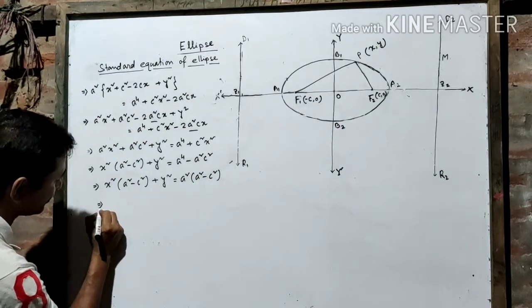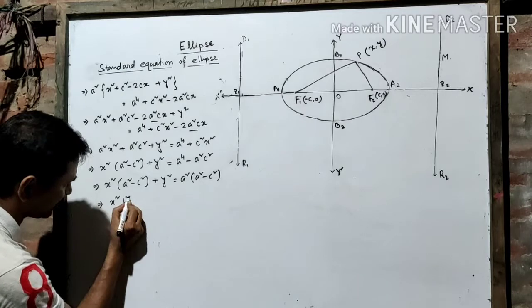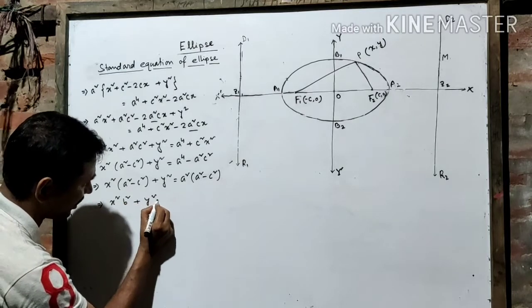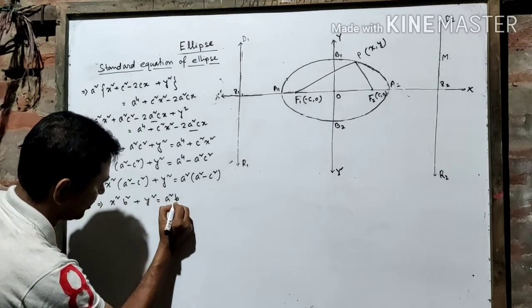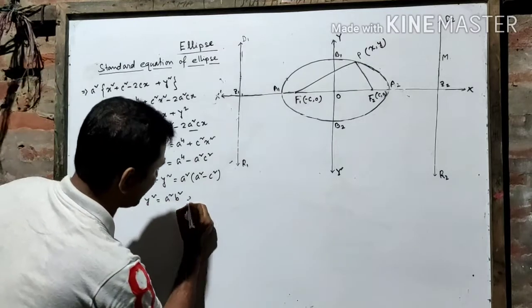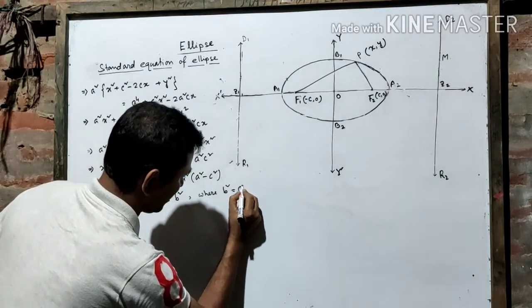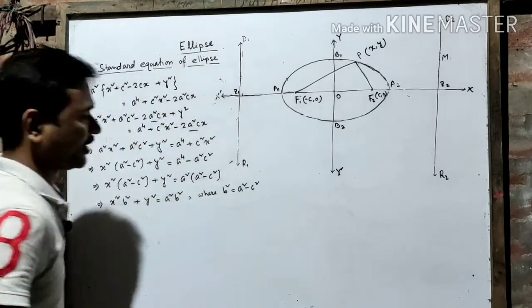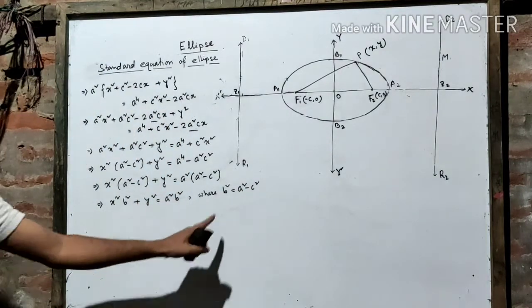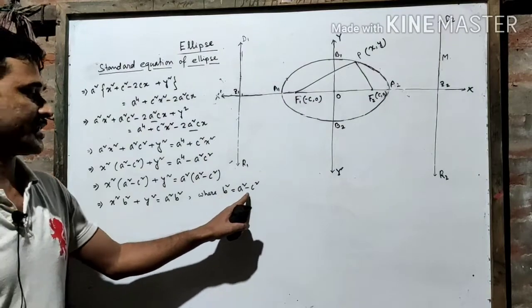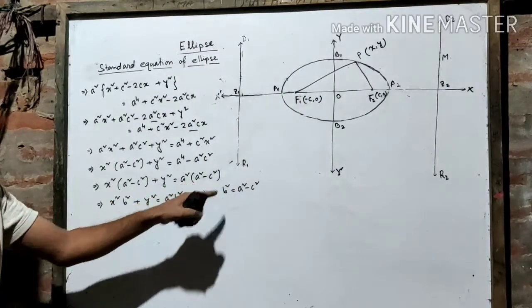This implies x square b square plus a square y square is equal to a square b square. What is b square here? Where we have taken this quantity a square minus c square as b square. We have put b square is equal to a square minus c square in this equation.